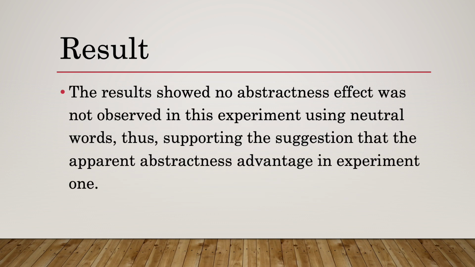Results. The results show no abstractness effect was observed in this experiment using neutral words, thus supporting the suggestion that the apparent abstractness advantage was in experiment 1. And if you remember, in experiment 1, the results found that abstract words were processed faster than concrete words.